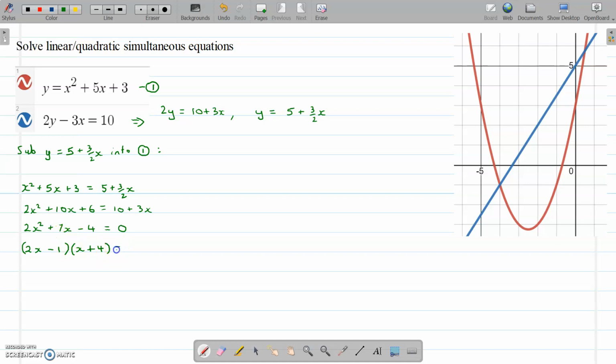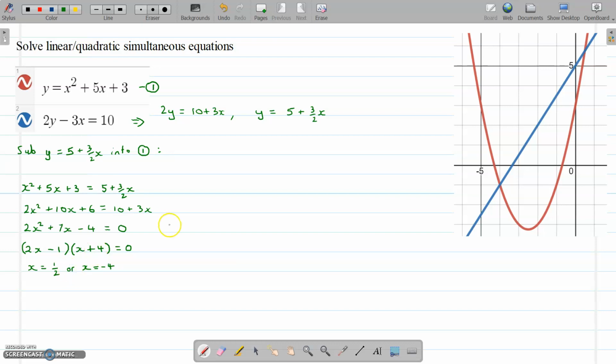So that equals 0, and that gives me two values of x. To make this first bracket 0, x has to equal 1/2. And to make the second bracket 0, x has to equal -4. So we get the two possible values of x.